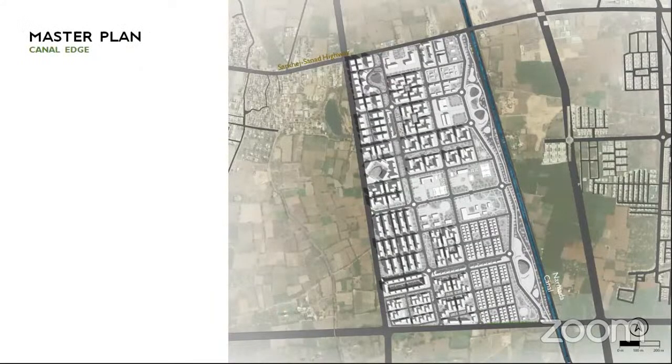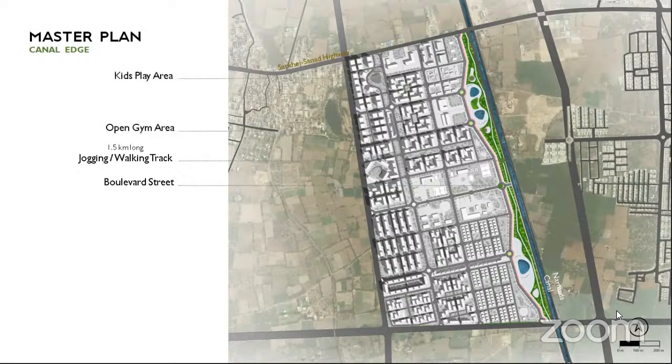So I started with utilizing the most prominent element of the site, that is the canal edge. I started working with the eastern part of the site by creating a boulevard street and a large green open space which incorporated various activity generators, like walking tracks and jogging tracks, and some activity generators like kids play zones and some food kiosks.